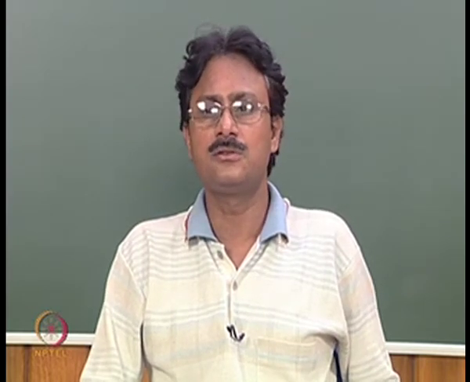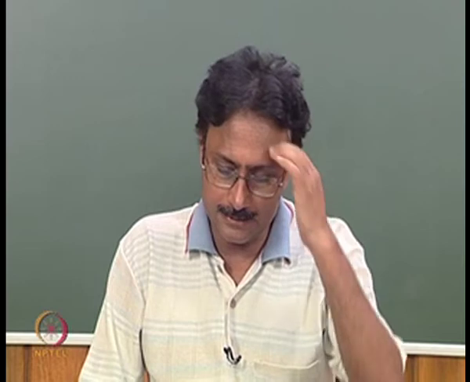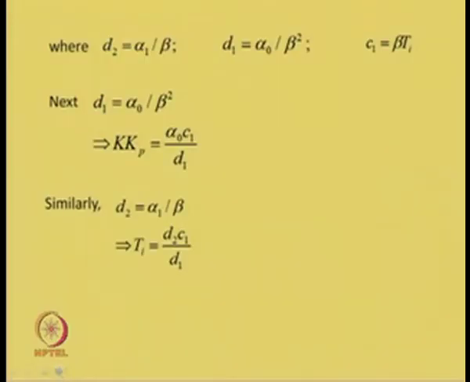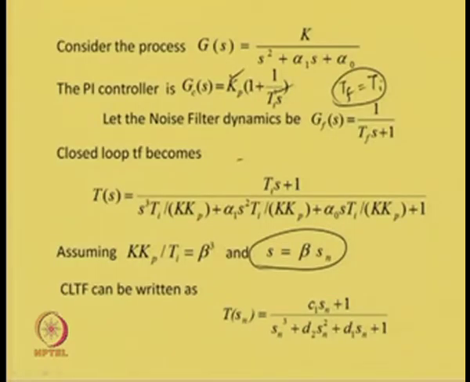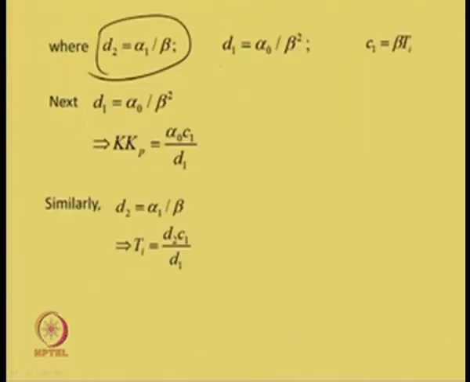All other things are known and the closed loop system will have a controller in place. Now, d2 can be written as α1 / β, d1 is equal to α0 / β², and C1 is equal to β Ti.